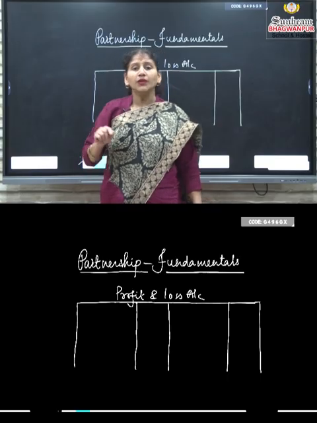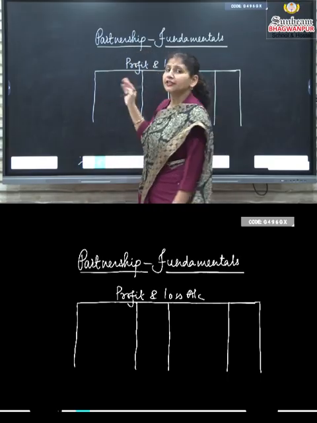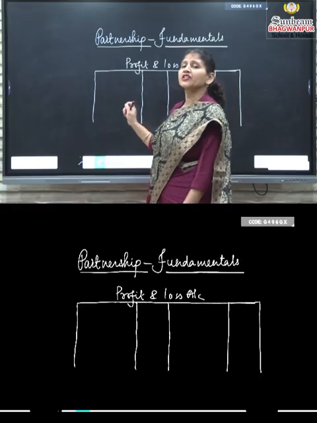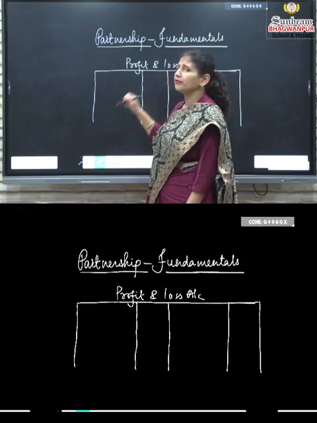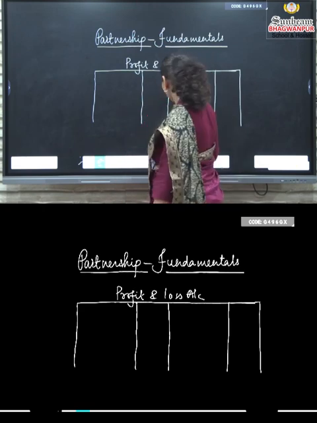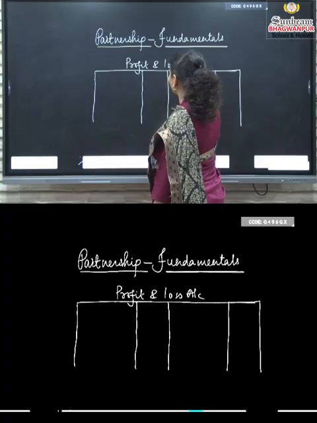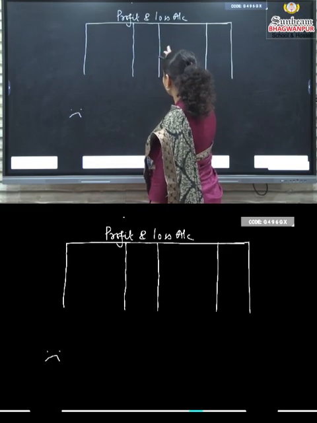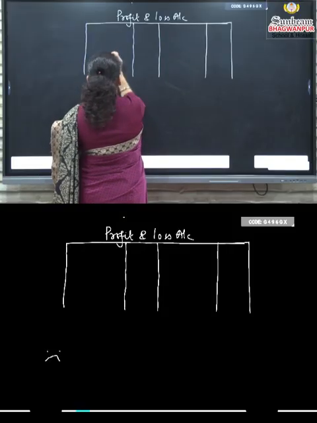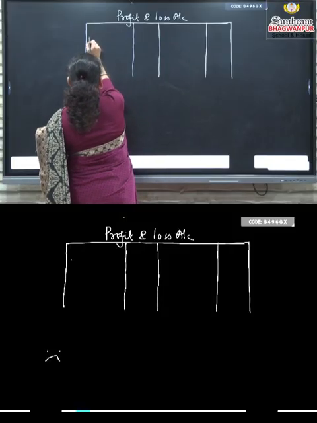But now we are going to prepare the further step, the extension of this account, which is going to explain how the net profit is being distributed among the partners. So, here we go. This is our profit and loss account, and whatever we will have, the net profit here.